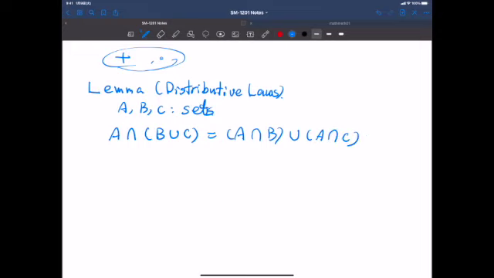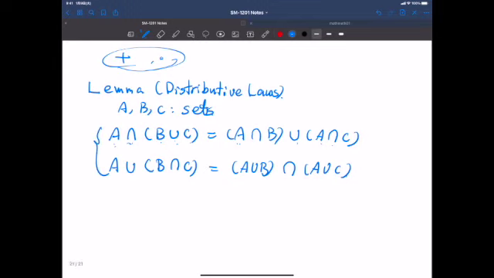Okay, so this ∩ operation distributes over union. So this is ∩, this is ∪. So (A ∩ B) ∪ (A ∩ C). And similarly, we have A ∪ (B ∩ C) and (A ∪ B) ∩ (A ∪ C). Okay.